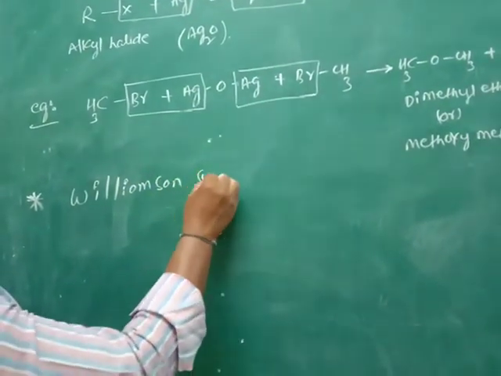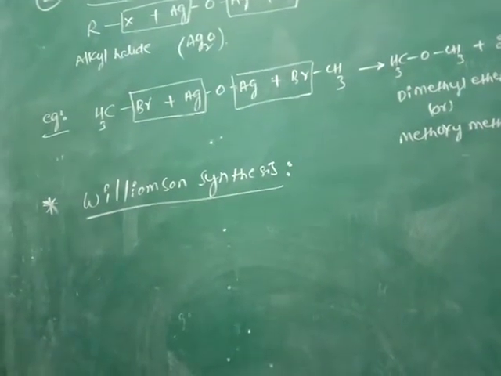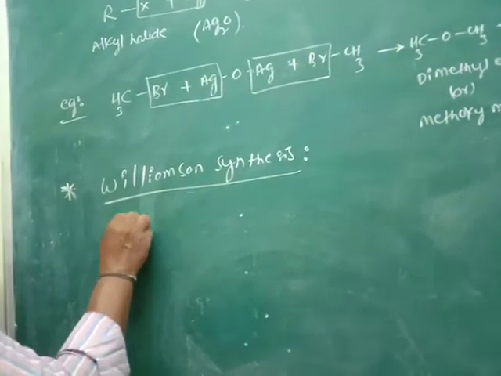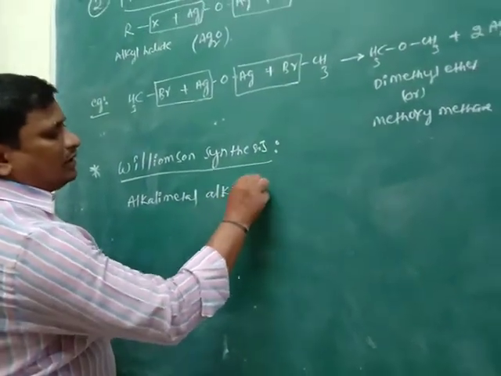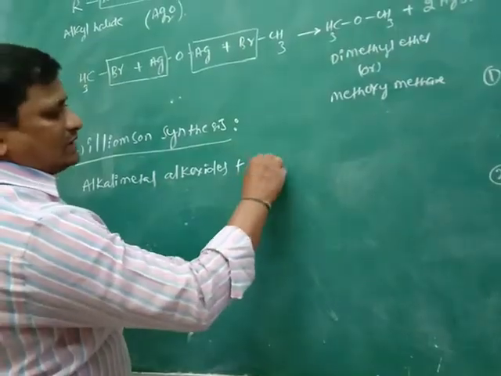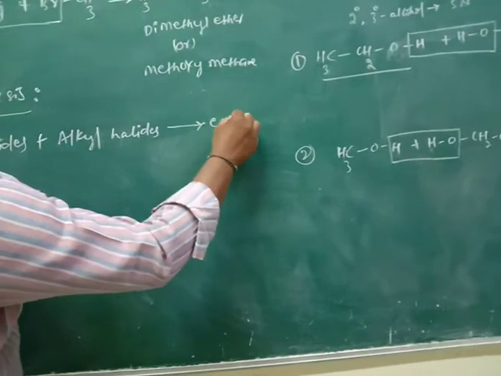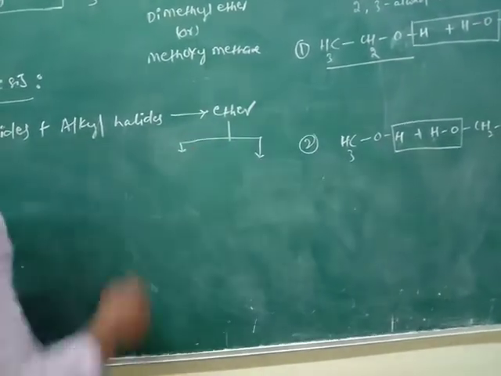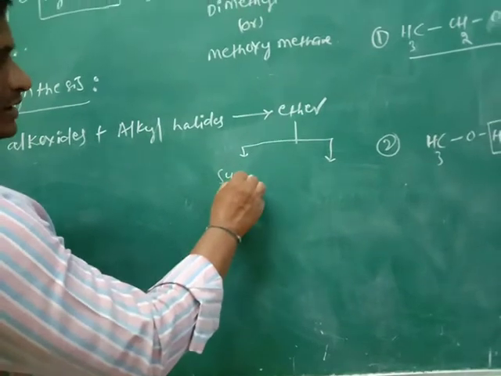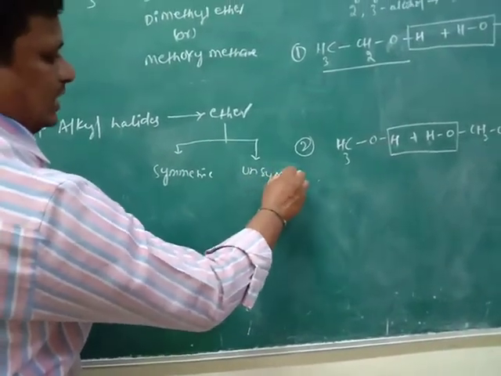In the Williamson synthesis, alkali metal alkoxides are treated with alkyl halides, and it gives ethers. Both symmetric ethers as well as unsymmetric ethers are prepared by the Williamson synthesis process.